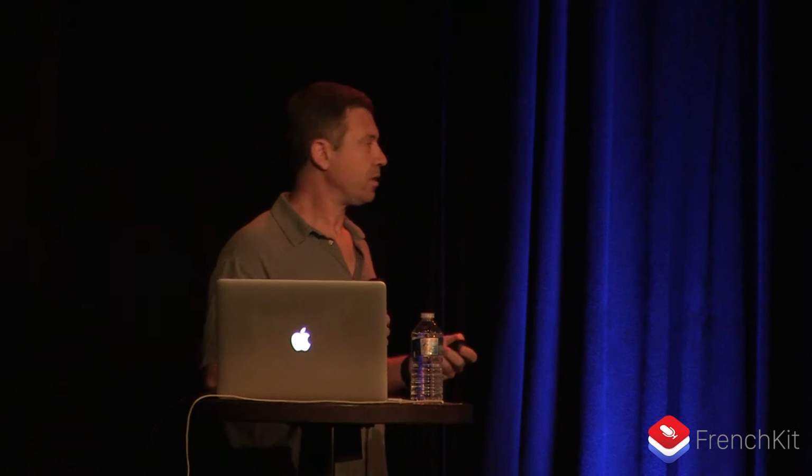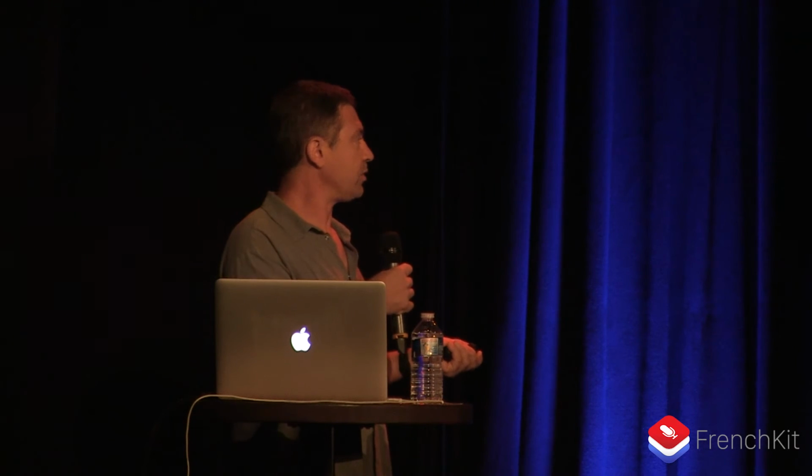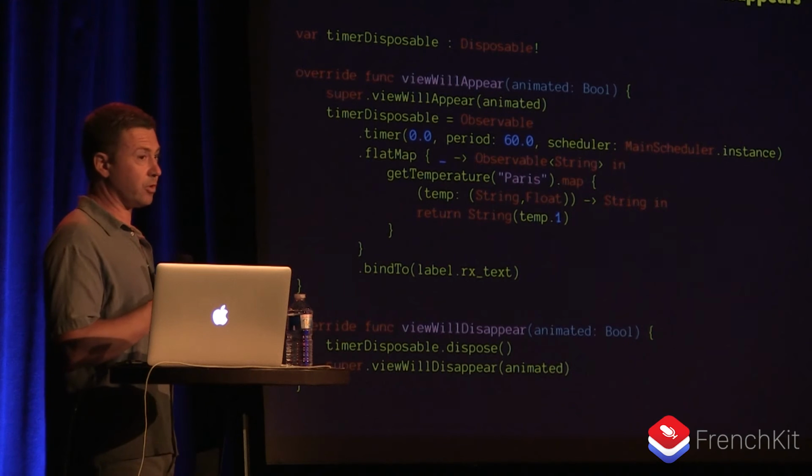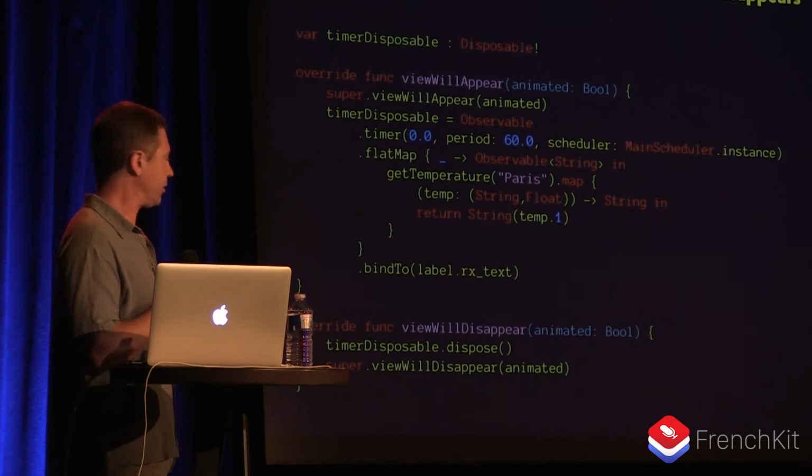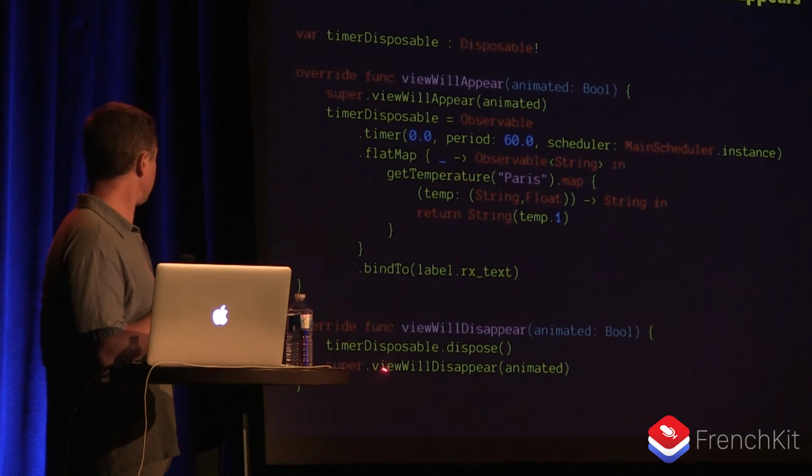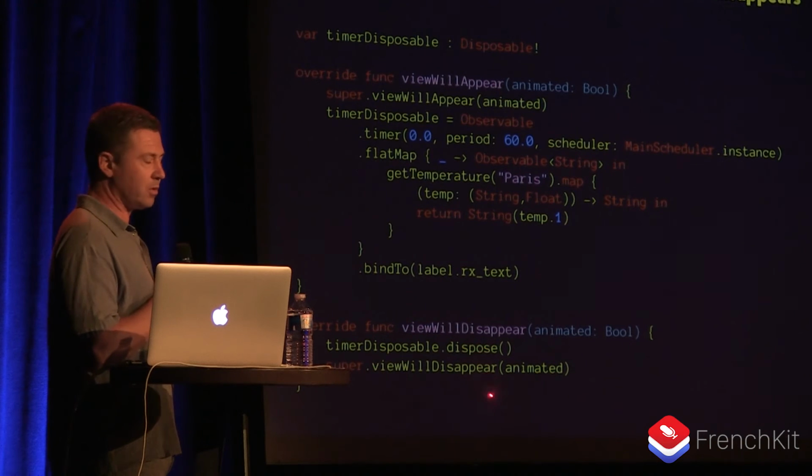Bind_to is like a subscribe, except that it will feed the contents of the sequence into an observer, and the label happens to be an observer with the Rx text method. So it's very straightforward, and it's wired once. It always works the same way. When the view disappears, we are going to dispose our timer, and the subscription cancels.